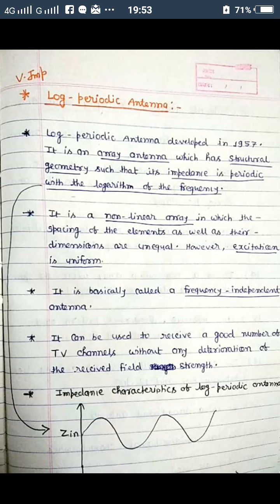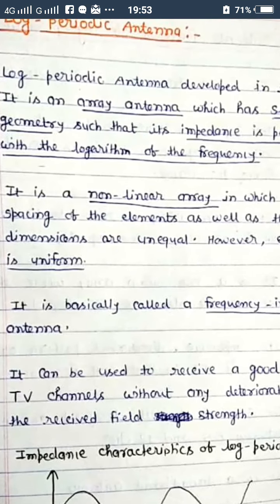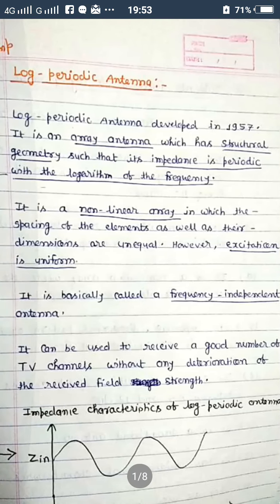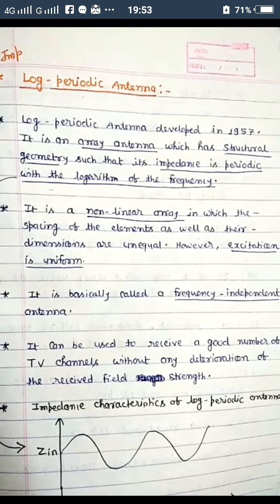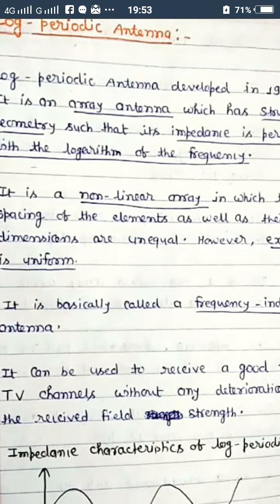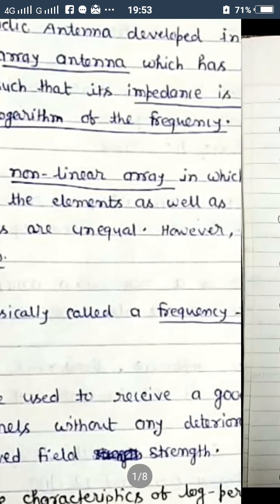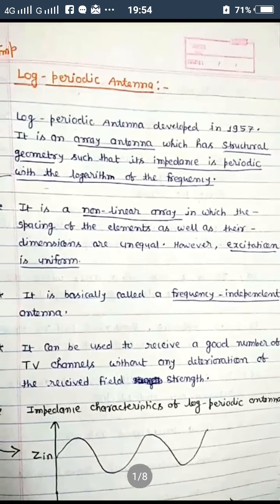Basically, it is an array antenna which has a structural geometry such that its impedance is periodic with the logarithm of the frequency. It is a nonlinear array in which the spacing of the elements as well as their dimensions are unequal.